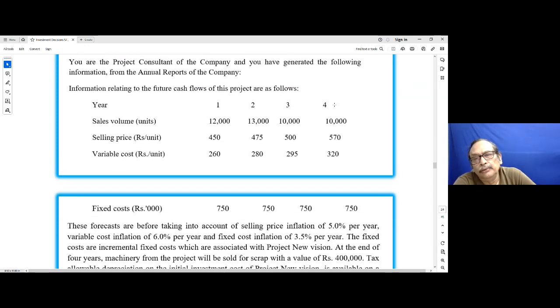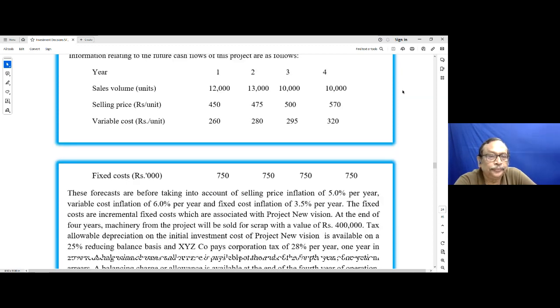Year 1, 2, 3, 4, sales volume units 12,000, 13,000, 10,000 and 10,000. Selling price rupees per unit 450, 475, 500 and 570. Variable cost per unit 260, 280, 295 and 320. Fixed cost in thousands, 750 for all the years.